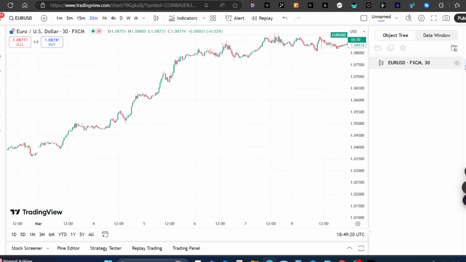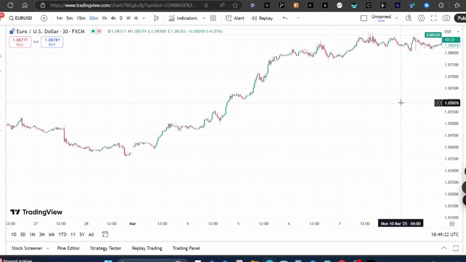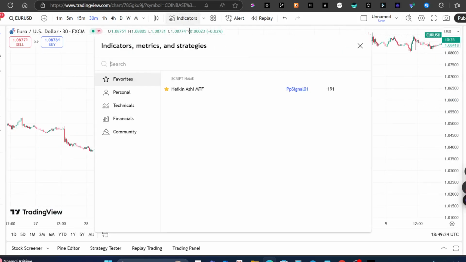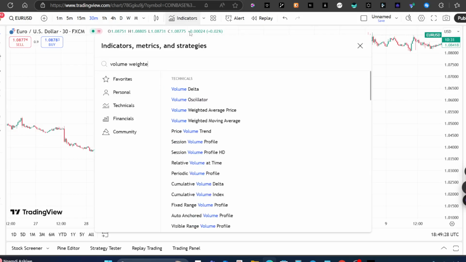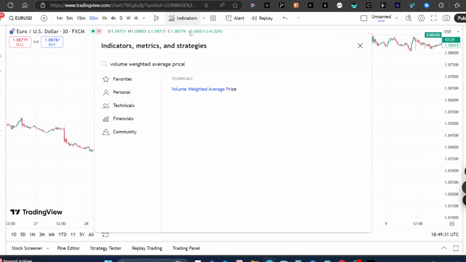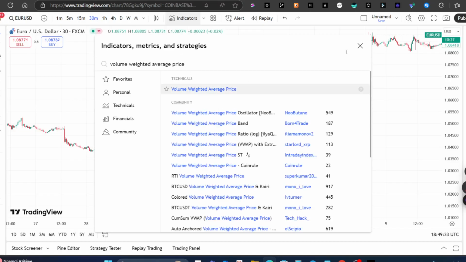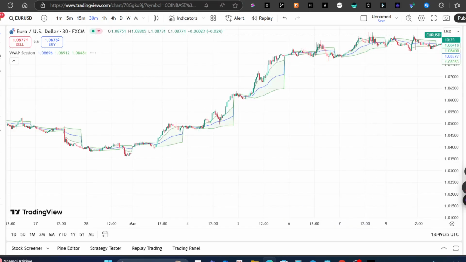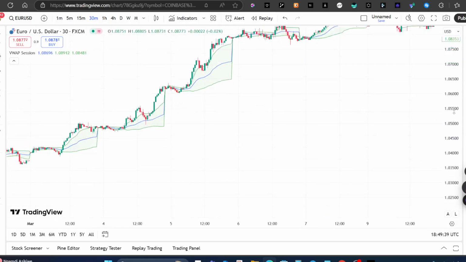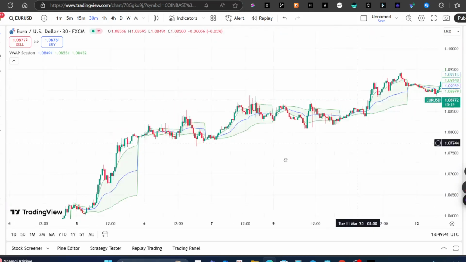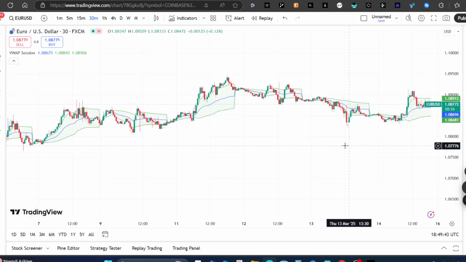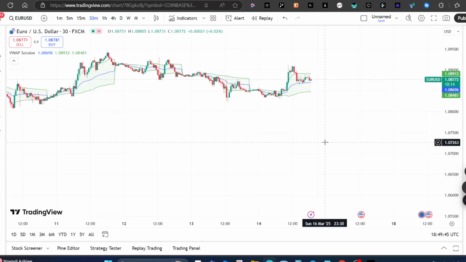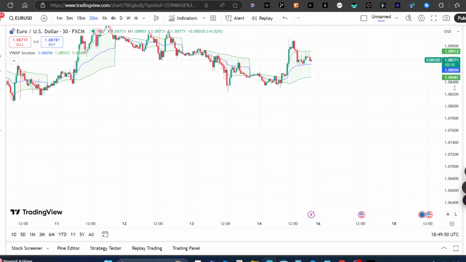So next up, let us look at the volume weighted average price, the VWAP. Now, this indicator is often used by institutional traders to assess the average price of an asset based on both volume and price.